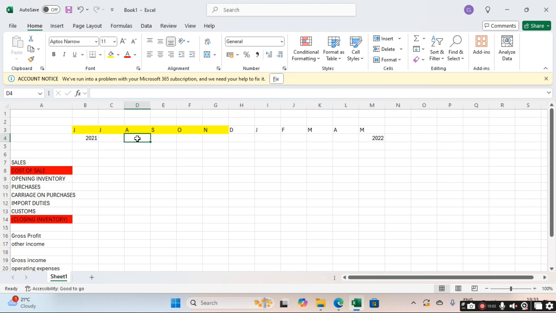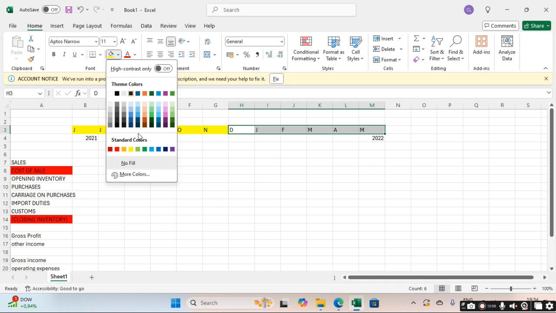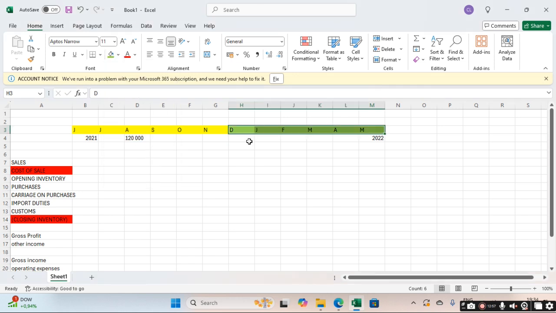And they said it's 120,000. So that 120 is for how many months? 1, 2, 3, 4, 5, 6 months. So this 120 is for these 6 months, which means the remaining 6 months rent is still due.